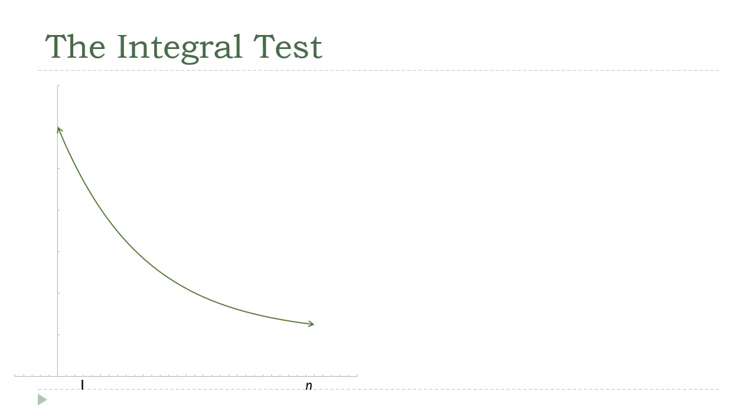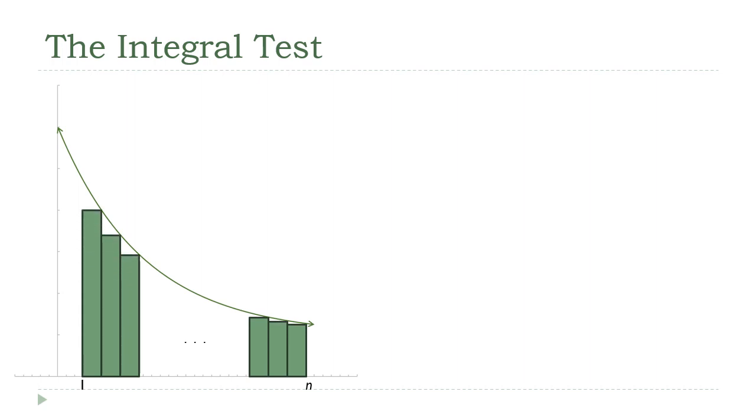Right? So once I've done that, I'm going to draw these rectangles going up to the lower side of the curve. Because I divided this evenly into unit lengths, the endpoints here are 1, 2, 3, 4, up to n. So the heights of these rectangles are all the values of the sequence, the a sub n.